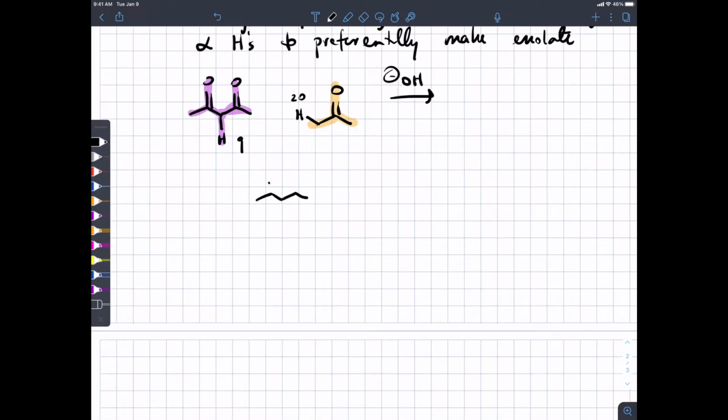Instead, you're going to get 100% of the conjugate base of our beta diketone starting material, and then that has to be the nucleophile because that's the only enolate that forms, right? And we get that by having OH minus remove the proton quantitatively from that alpha carbon.